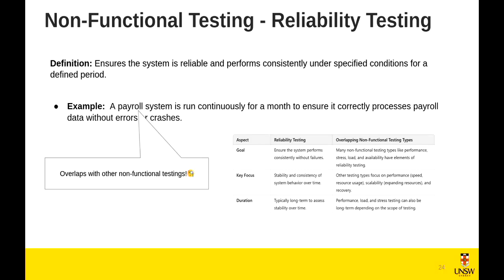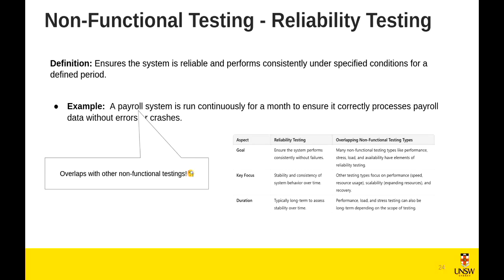Many of the non-functional testing types, like performance, stress, load, and availability, are part of the definition of reliability. And the key focus for reliability testing is the stability and consistency during that testing period.